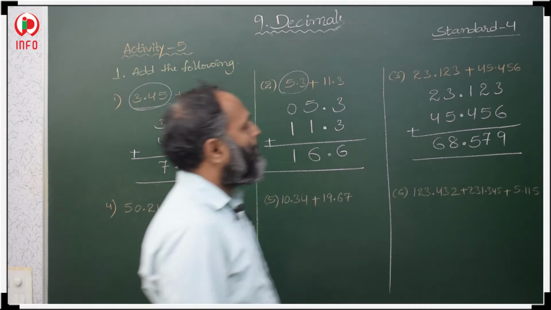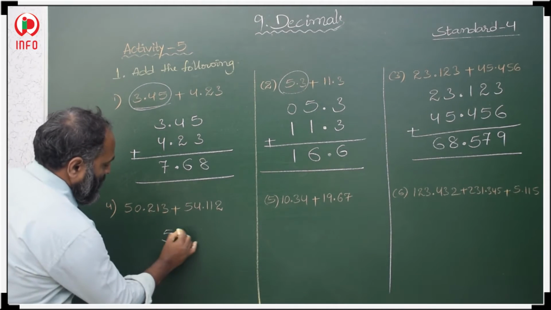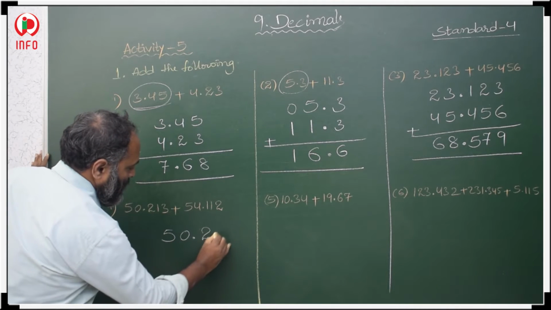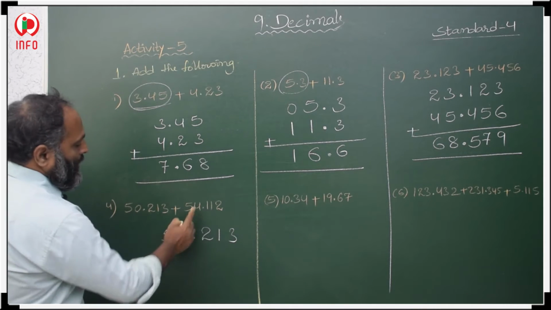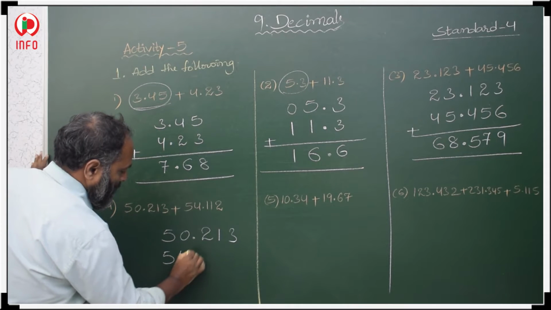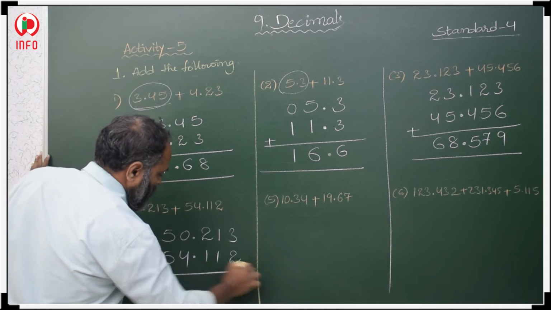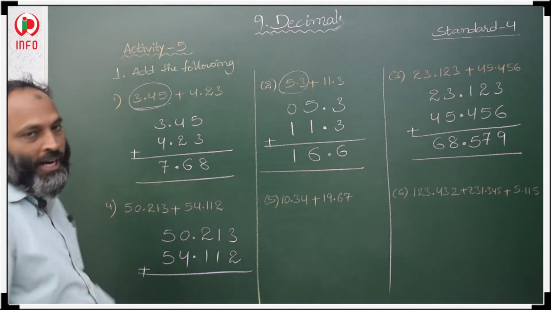Okay. Now here, 50.213, and after that the point first, 54.112. These are like decimals, so no need to add zeros.